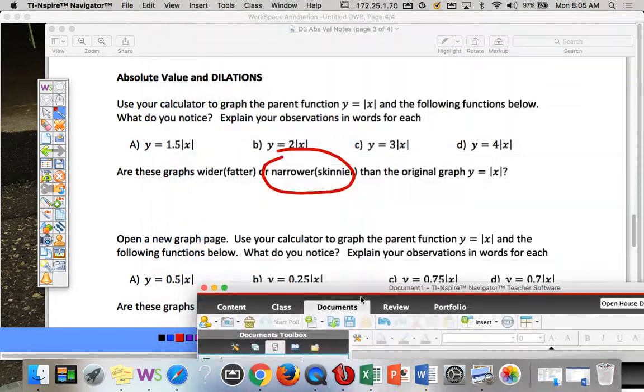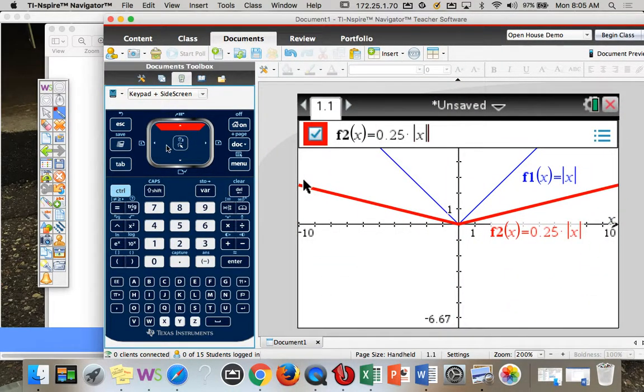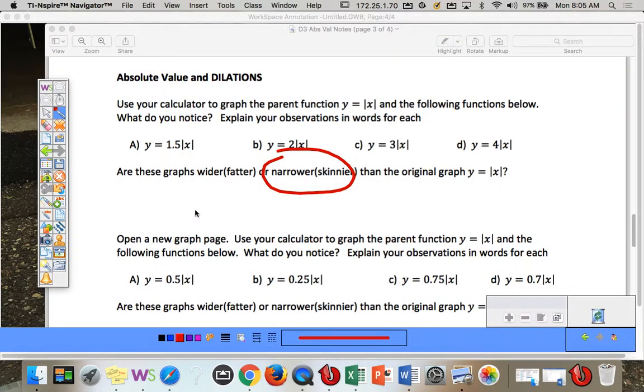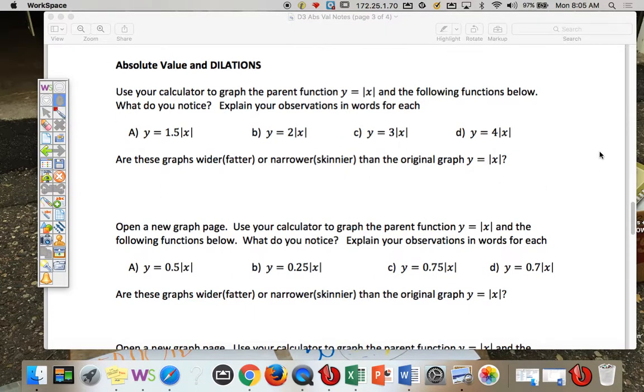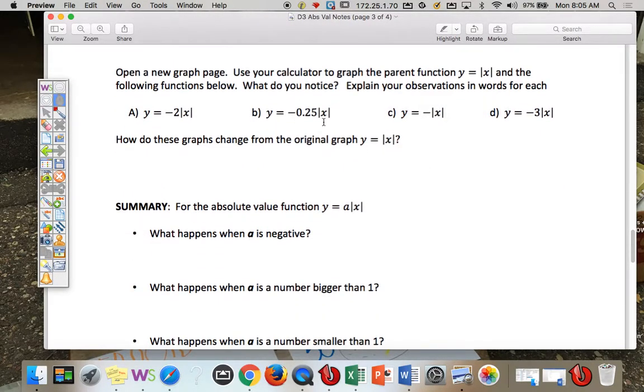Okay, so again, that one's wider. 0.75x. Okay, that one's wider. So all of these are wider than the original. And then what happens if there's a negative in front?